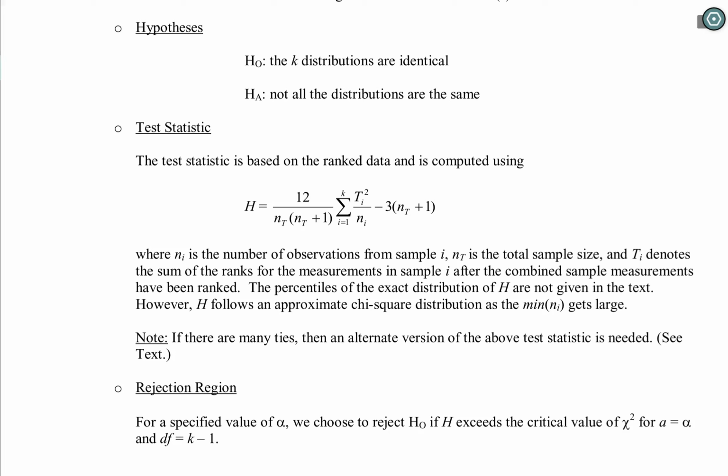We're not going to look those up; we're just going to appeal to the chi-squared approximation. One note is that if there are many ties, you will want to use an alternate version of the H statistic, and you'll need to look at your textbook for that.